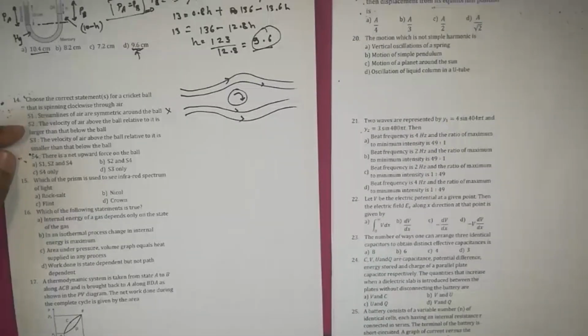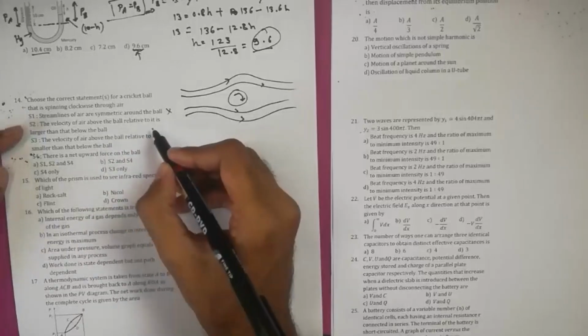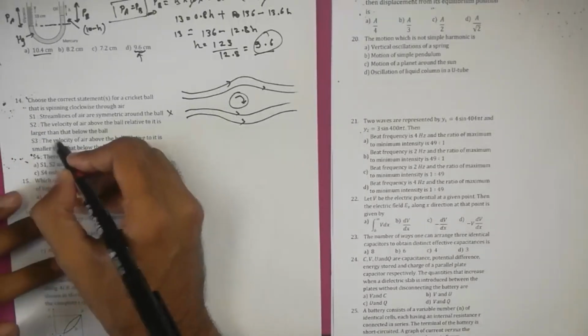The velocity of air above the ball relative to it is larger than that below the ball. Okay, so in case this and this both are correct, let's see how.